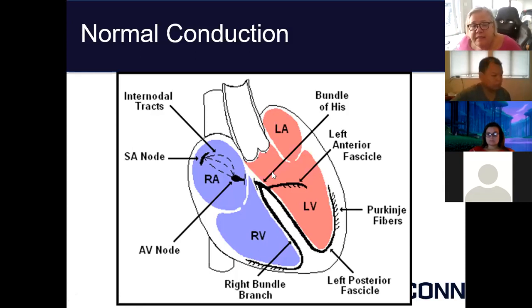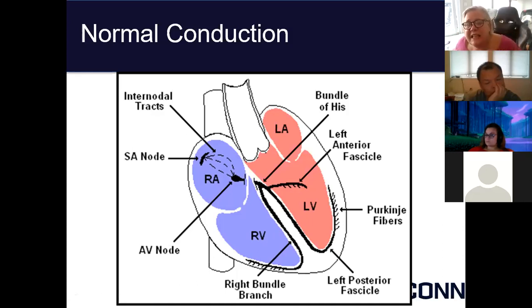And then that conduction pathway travels down the bundle of His, and they, if you will, bifurcate. There's a right bundle and a left bundle carrying that action potential down, and then all these little Purkinje fibers that again help stimulate the entire area of each of the ventricles.